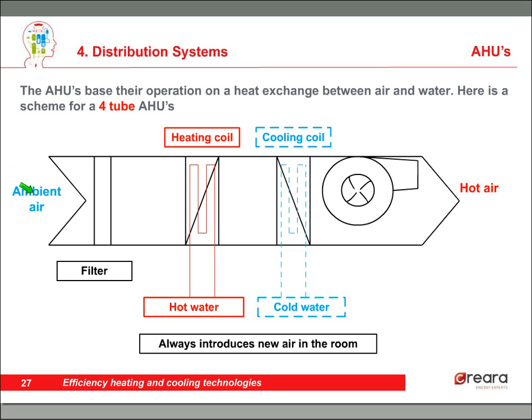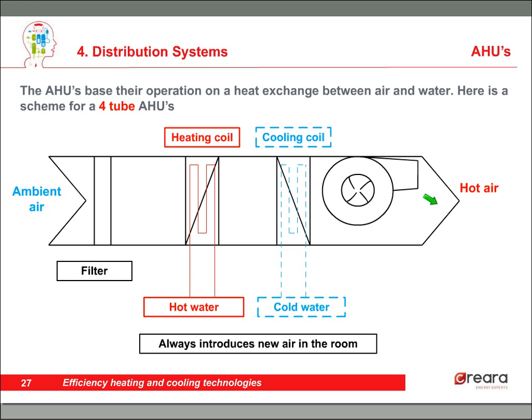The air comes through the air handling unit this way, through the filter, passing through the heating and the cooling coils, and through the fan. The fan is there only to create a pressure difference in order to move the air in this direction, and then it expels it into the room we want to climatize.